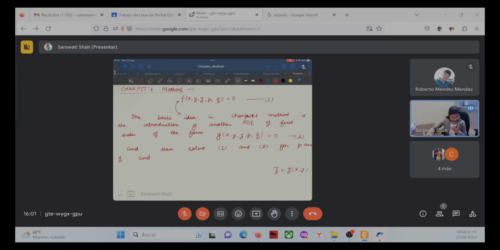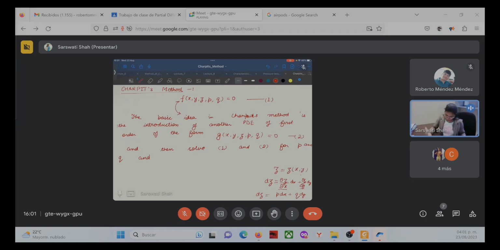And if we know this, then the total derivative will be dz = del z over del x dx plus del z over del y dy. So we know p and we know q, so dz will be p dx plus q dy, and now we can use Lagrange's method to find x, y, and z.